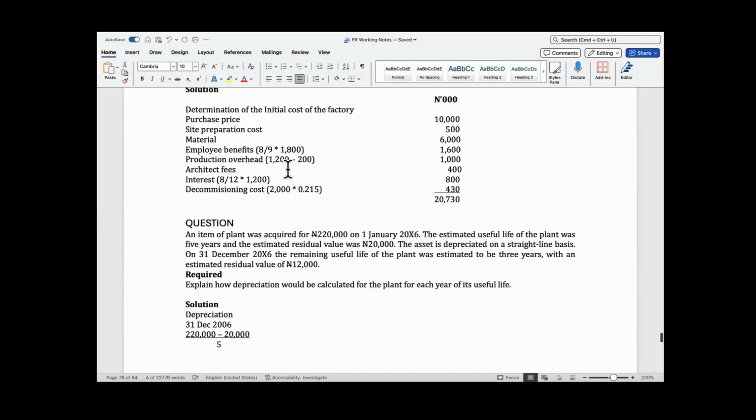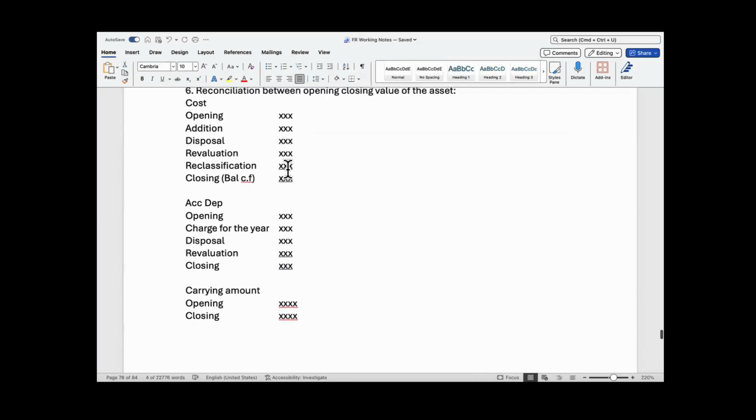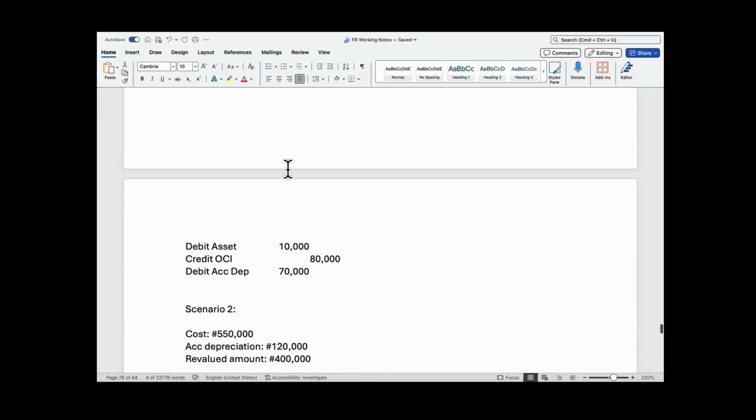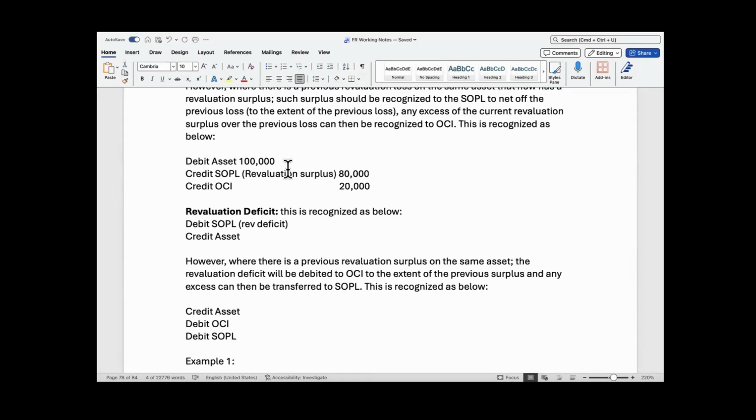We looked at the definitions, the recognition criteria, and measurement bases, both initial measurement and subsequent measurement.